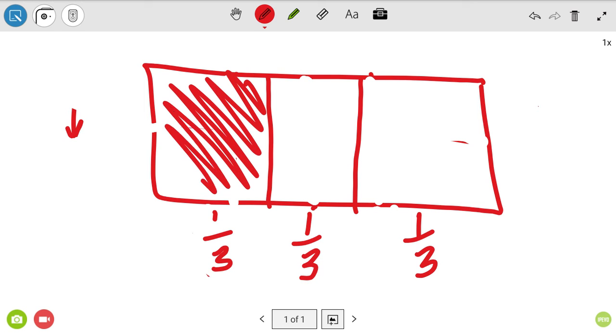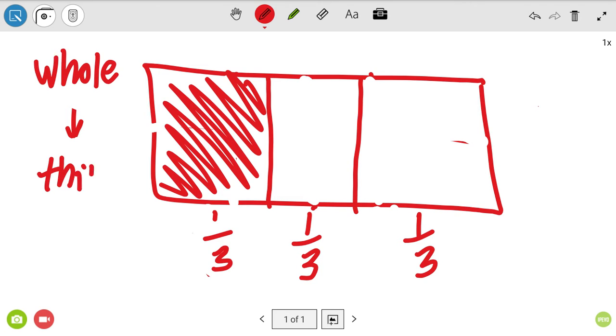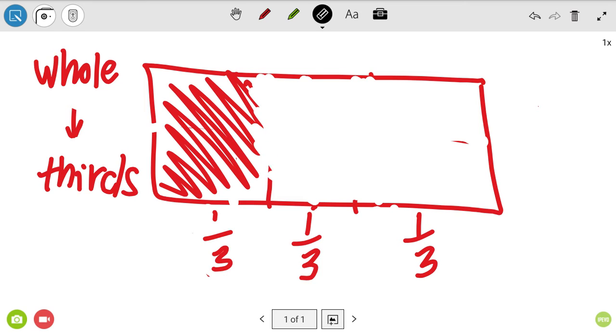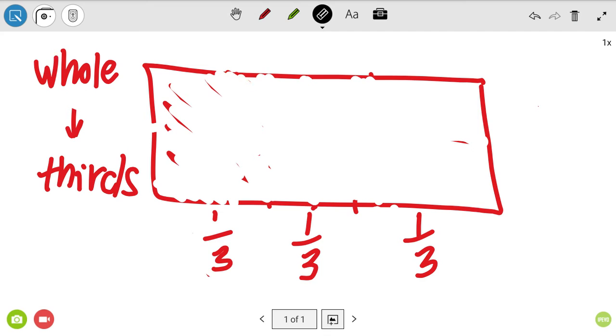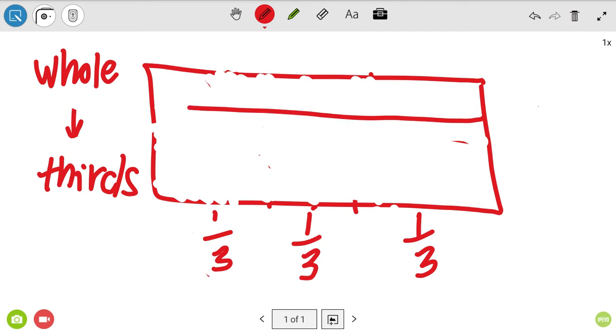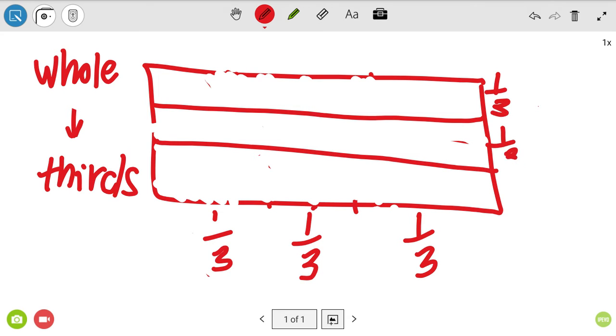Sometimes you might see those equal parts shaded. That would equal 1/3. Okay, so I've taken my whole and I've partitioned it into thirds like this. Okay, now you can also partition this rectangle into thirds by making the lines sideways like this, making them into rows. So each one of these rows would be a third. Okay.